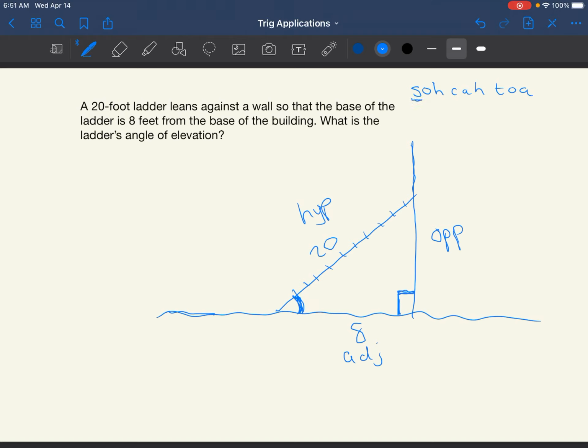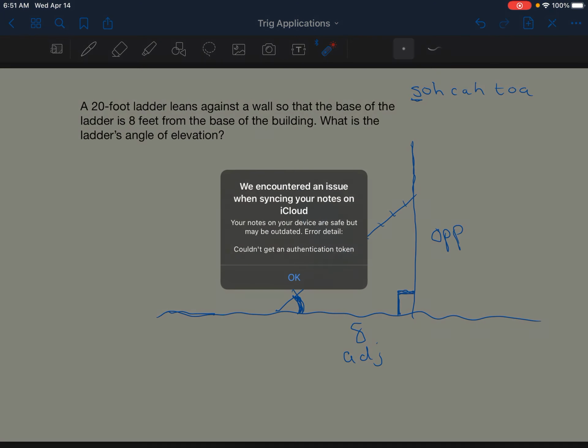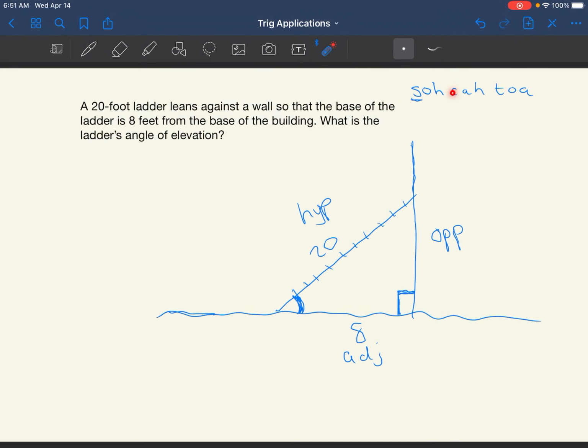S stands for sine. Sine is the opposite divided by the hypotenuse. C is cosine. Cosine is the adjacent divided by your hypotenuse. T is tangent, and tangent is your opposite divided by your adjacent.